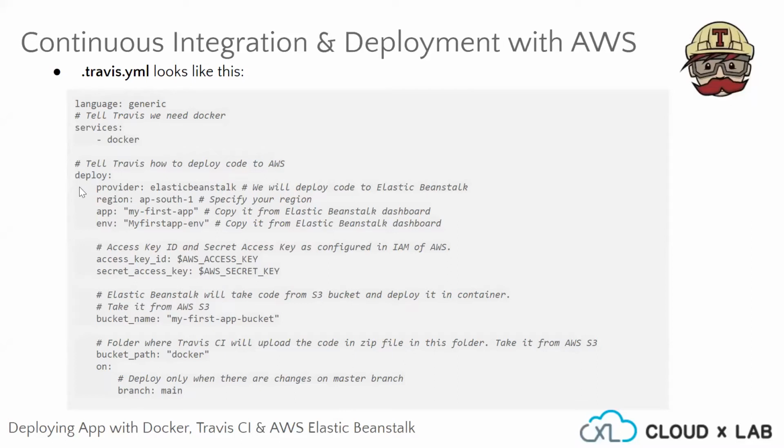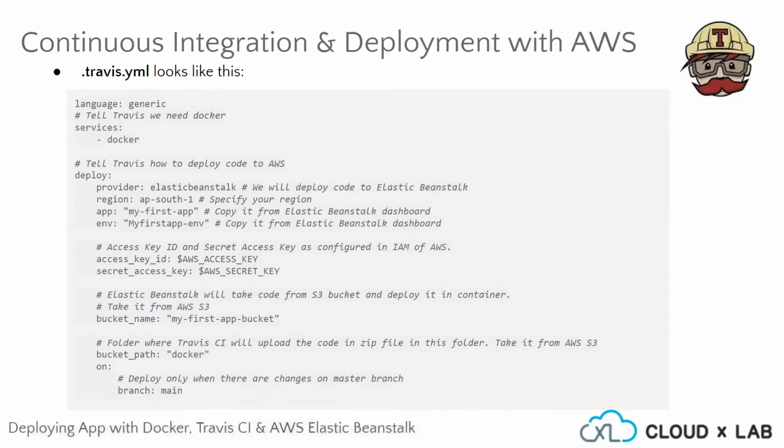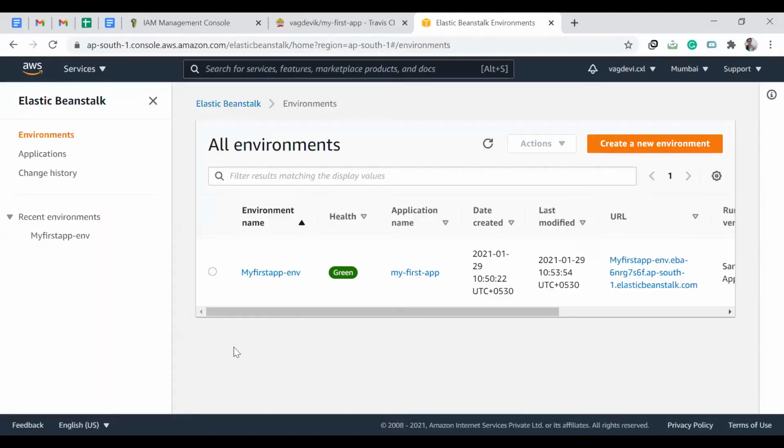Then we tell Travis how to deploy code to AWS. So we write provider as Elastic Beanstalk and region is ap-south-1 as we have set that to Mumbai. And then app is my first app. Now the app name is same as what we have created previously.